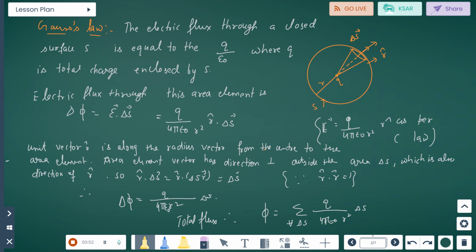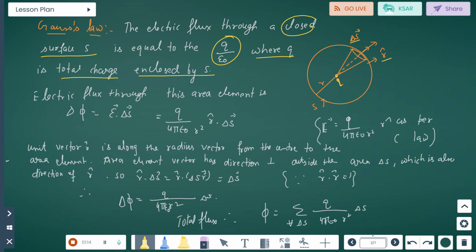Now Gauss law states that the electric flux through a closed surface S is equal to q by epsilon naught, where q is the total charge enclosed by S. At the center, r is the radius, delta s and r vector.